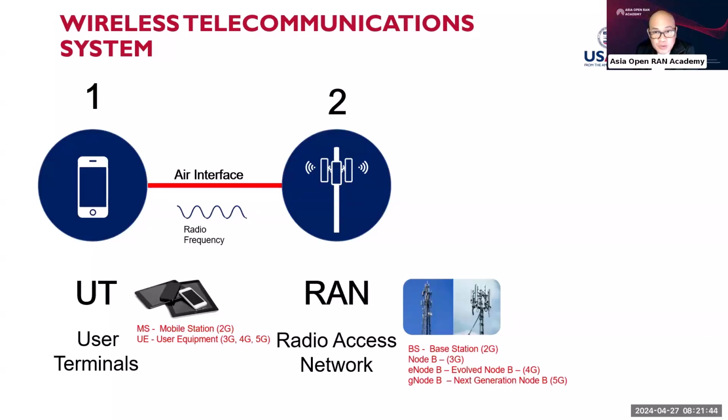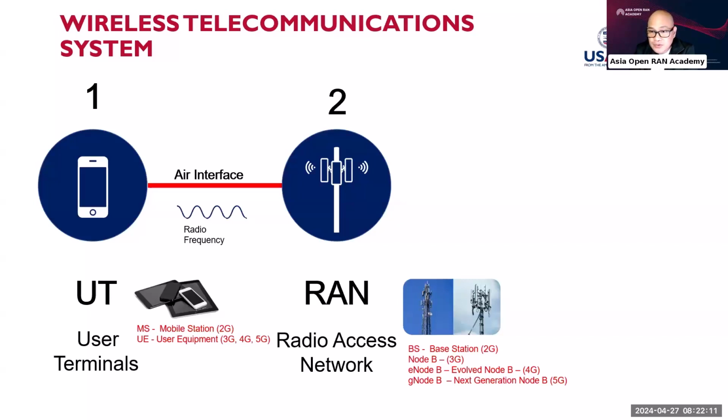If it's 3G, we call it the Node B. If it's 4G, we call it the evolved Node B or eNode B. And for 5G, in this example, we call it the gNode B. Although in the 5G system, you will learn that there is a lot of terminology, depending on the architecture or implementation of the system. But in this example, we will call it gNode B or the next generation Node B.